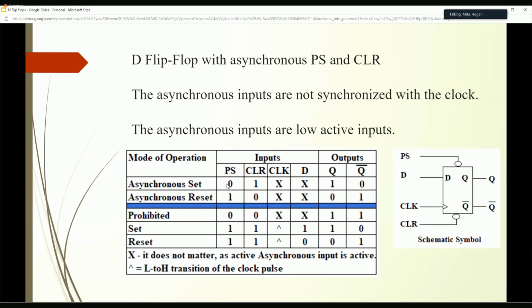Right? So if we take a look at that, we see we've got our input preset is a 0, clear is a 1. We're not worried about clock. We're not worried about our D input, because this asynchronous active preset is going to automatically set Q to 1. Q naught then is always the opposite, which is going to be 0.